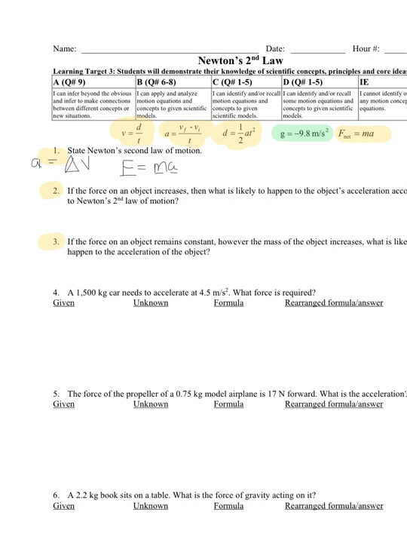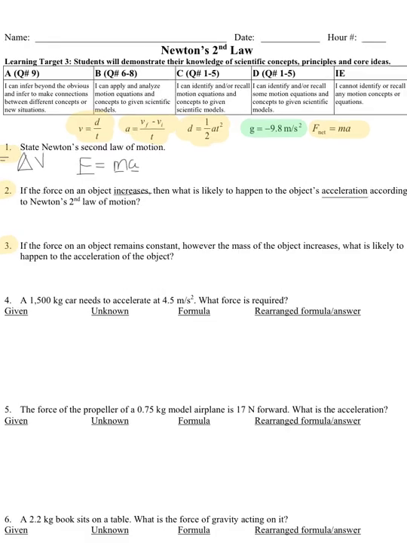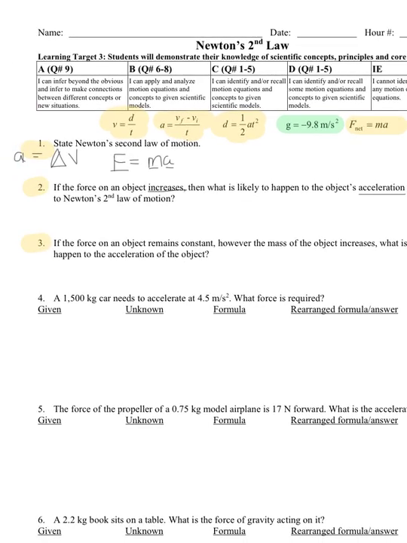Next, number 2: if the force on an object increases, then what is likely to happen to the mass of the object, or what is likely to happen to the acceleration of the object according to this law? This is just basic, simple understanding of how these equations work.